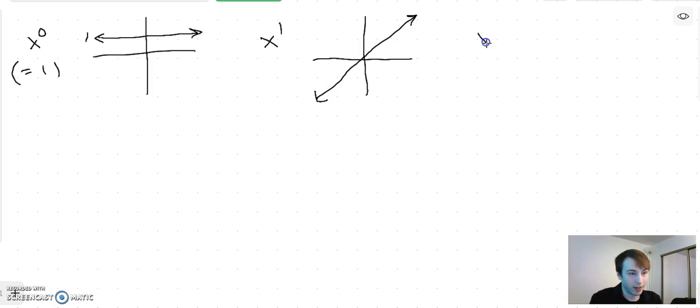Now, if we want to draw an x squared polynomial, we can look to the x to the first polynomial to see what the slope should be at each point. Here we've got negative slope, so we should be going down at this point. Going down here.